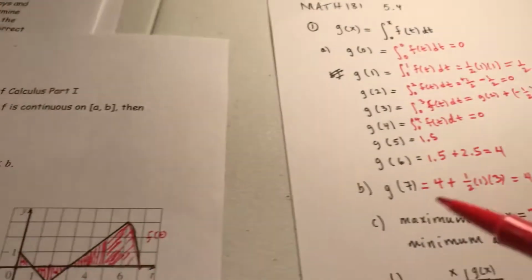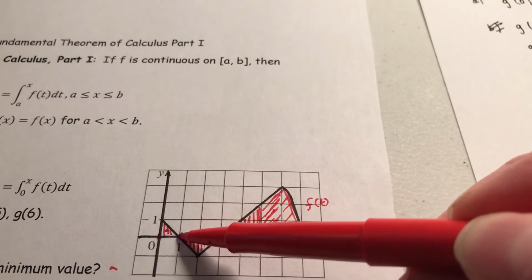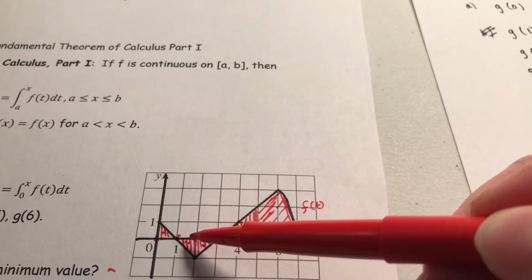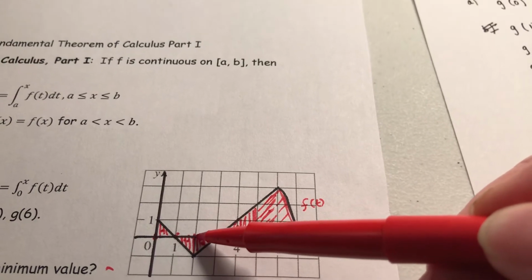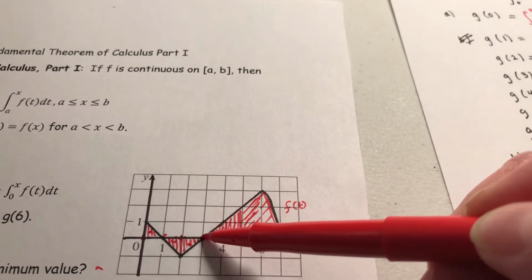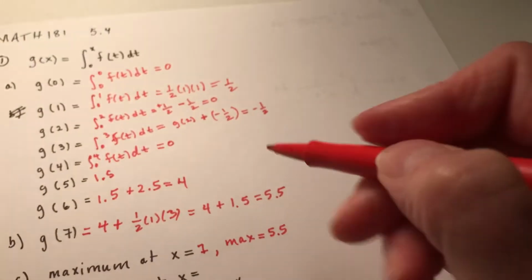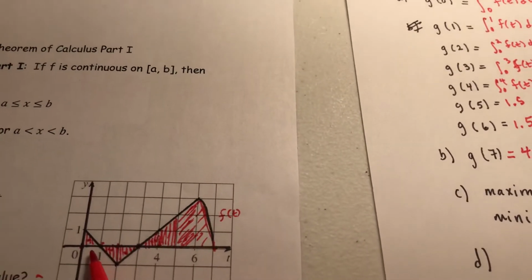The minimum, well, let's see, if it's positive here, that's going to be positive 1/2, and then it's 0, and then it's negative. So from 0 to here, it's negative 1/2, and that was the smallest value we came up with up here. So where did that occur?